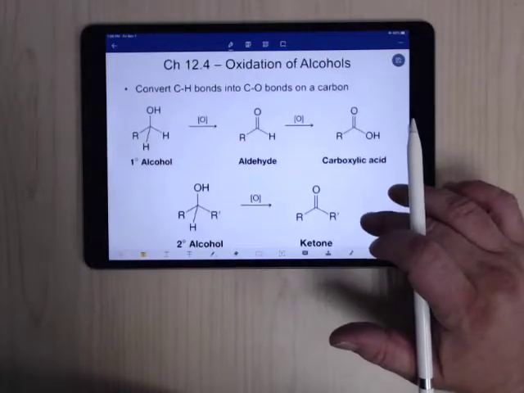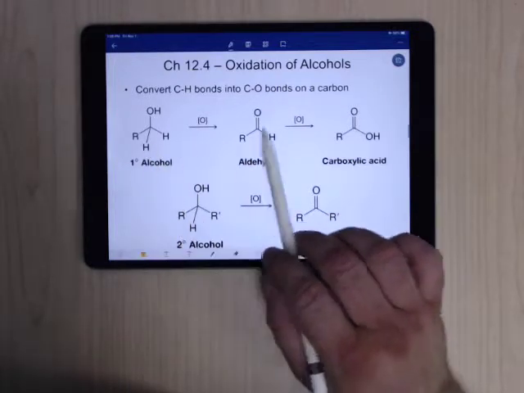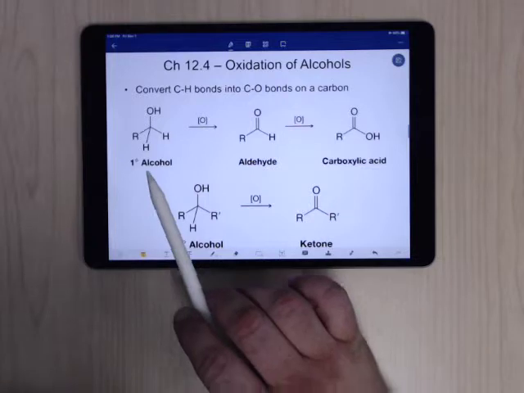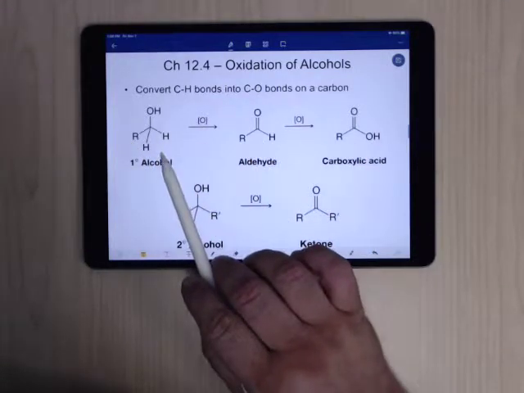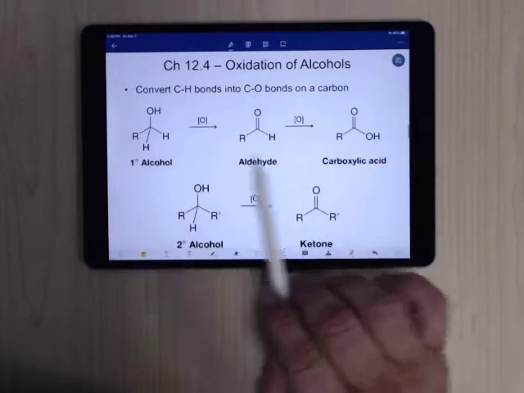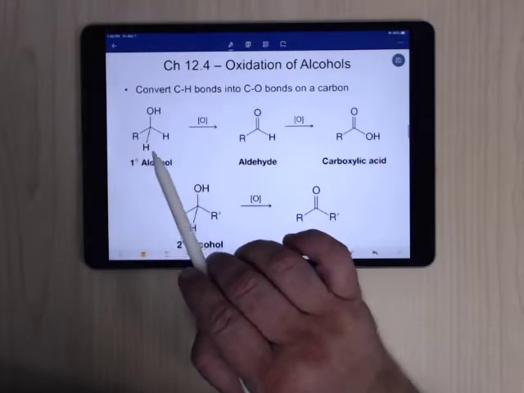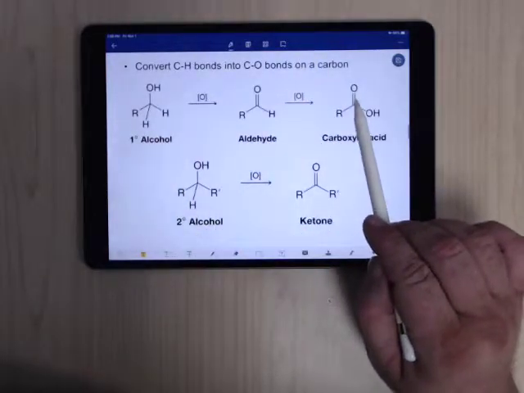Okay, so we can also oxidize alcohols up to C double bond O's, right? So primary alcohols can go to the aldehyde and the carboxylic acid, because we have two CH bonds that we can convert to two new C double bond O's.